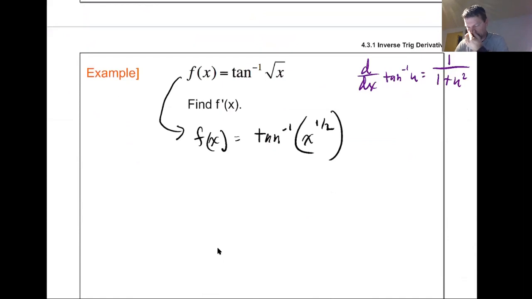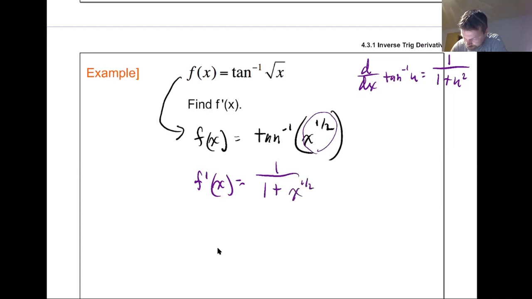All right, so this is a tangent inverse function. So the derivative, f prime of x, is going to be that exact same thing, 1 over 1 plus u squared. In this case, 1 over 1 plus, that's my u, x to the 1/2 squared.